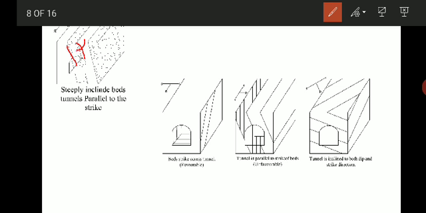This angle is more than 45 degree. So if you come across such a situation, they are the steeply inclined beds. Okay. So the tunnel parallel to the strike, here this is the tunnel which is running parallel to the strike of the bed. So these also offer a combination of situations. Some are favorable, some are unfavorable.